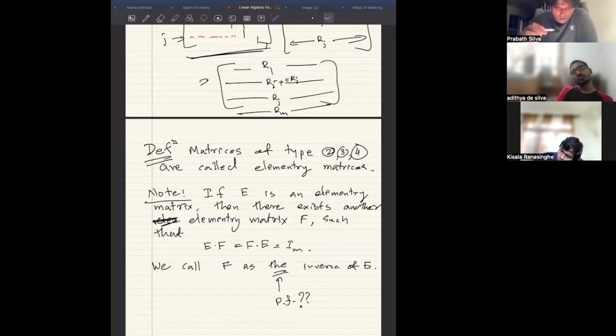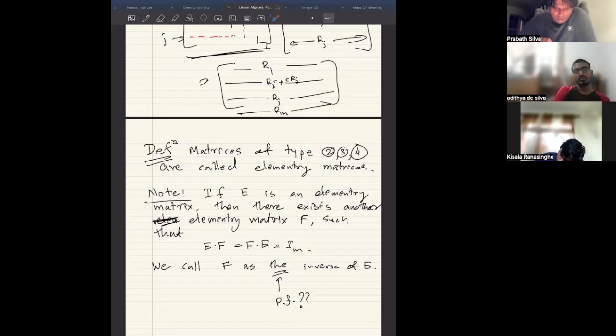Before going into computation, if you multiply by I_M, then you're not changing the system.